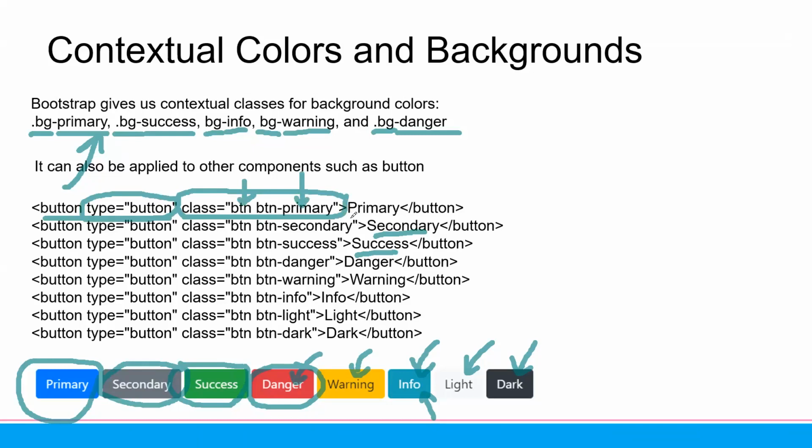So it means the button for this primary will use the blue color. If you use btn-secondary, then the button of this secondary will be the gray color.